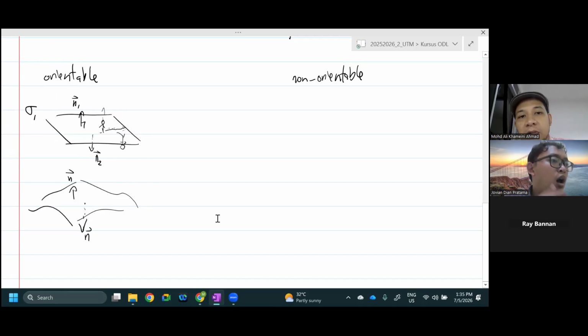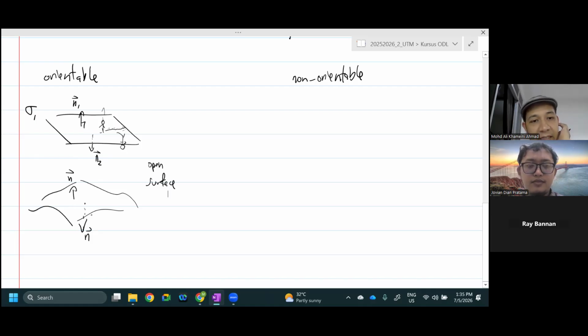When you change the direction, you are crossing some boundary there. So we call this an open surface, because you have some boundary and then you can go to the other direction of the surface going down.